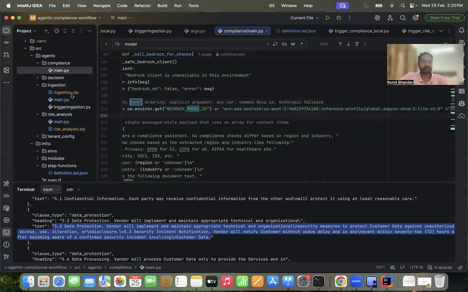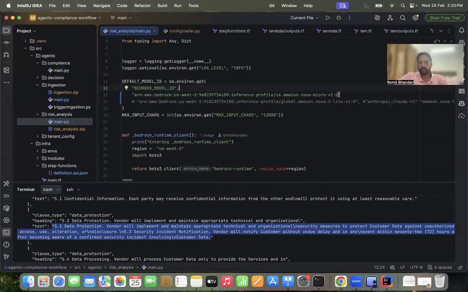But for risk analysis we are reducing that to a Nova Micro, because the per token cost on Nova Micro obviously is lesser than Nova Lite. So that's how you can basically do some permutation combination to optimize your costs, and also other strategies you can see if your use case permits using those strategies as well.